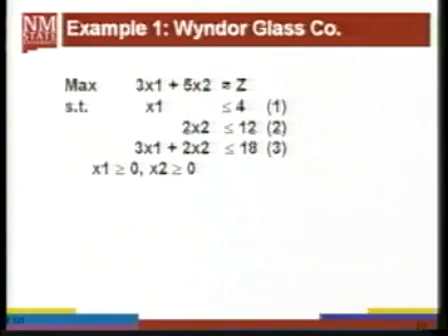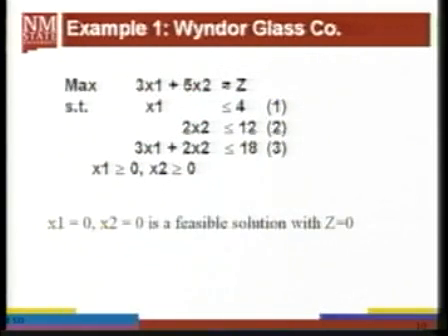However, for the window glass case, x1 equals 0 and x2 equals 0 is one of the feasible solutions, with the corresponding objective function value g equals 0, right?